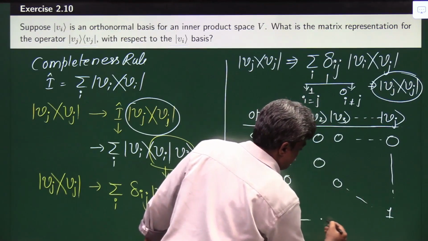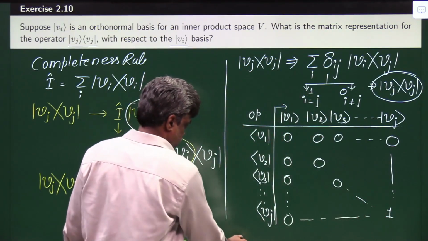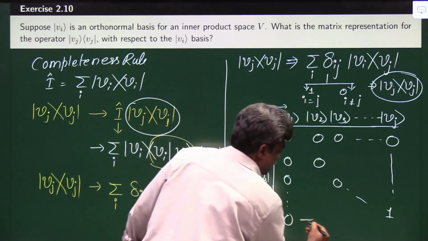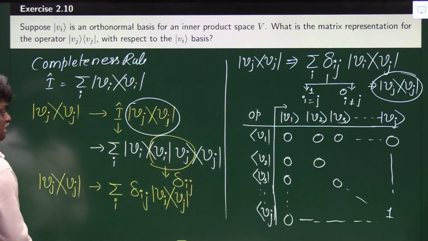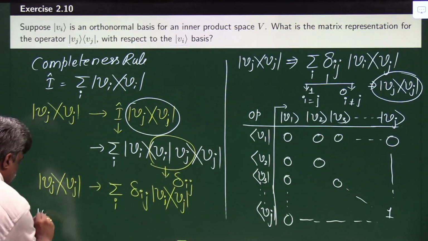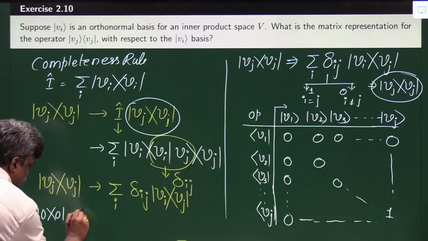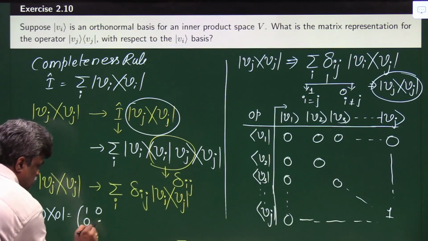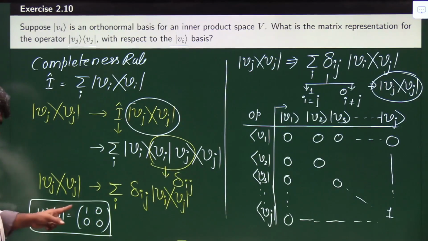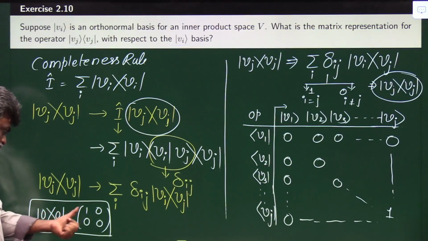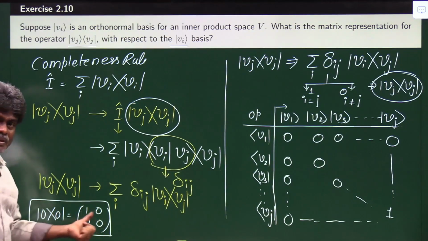So if you want some more clarity, this is a best example. Here for example, if you want to write the outer product |0><0|, which is nothing but the matrix 1 0 0 0. This is the matrix representation. So only the element corresponding to ket 0 and bra 0 is 1, the rest of the elements are 0.